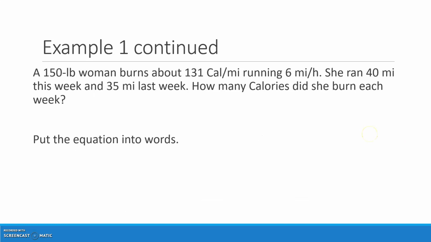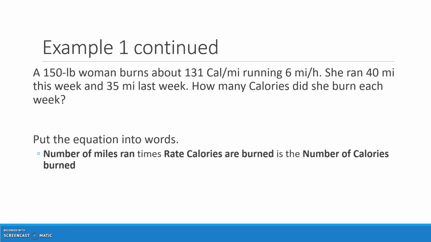So now we're going to put our equation into words. And in words, it would look like this. The number of miles ran, you might use different colors, maybe that would help. And then we have an operator times the rate the calories are burned. And then we've got this word is, and I'll talk about that in a minute.